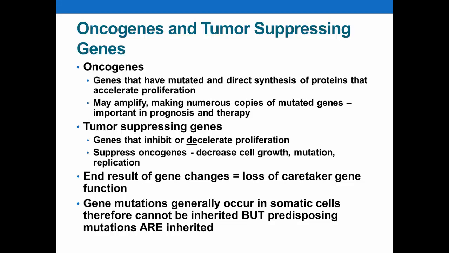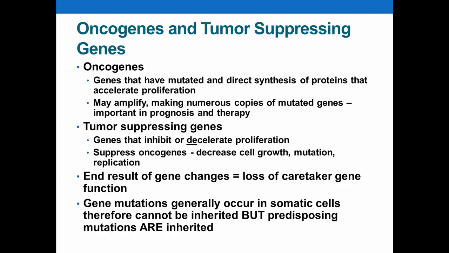And because they're suppressing oncogenes, they decrease cell growth, they decrease mutation, they decrease abnormal replication. So if you take those two ideas together, if you don't have suppressor genes, you essentially activate oncogenes and therefore progression to cancer. You want those tumor suppressing genes to balance out the oncogenes.